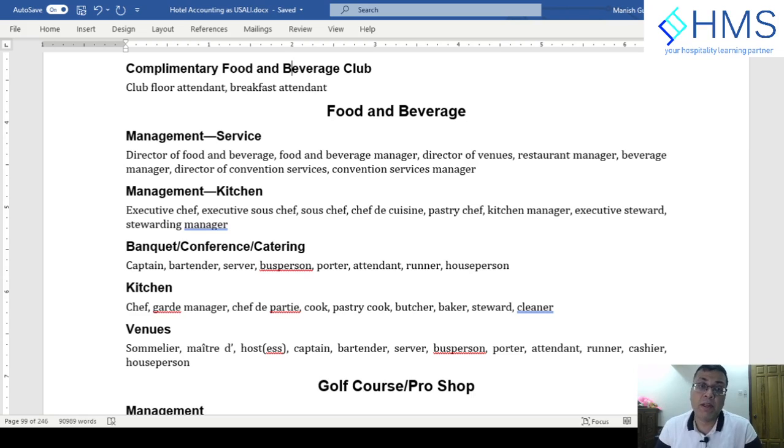Then you have the non-management staff. The non-management, as is usual, is split into three parts: banquet, kitchen, and venues. For a consolidated one, you may follow this, but for the individual restaurant, if your hotel is practicing an individual restaurant profit and loss statement, then you can consider separating the service, kitchen, and steward.